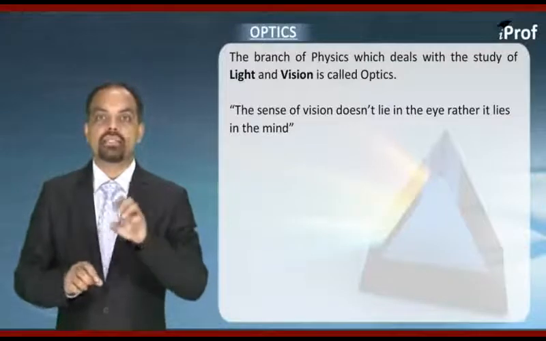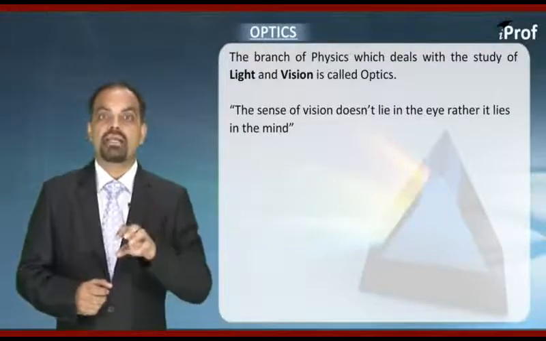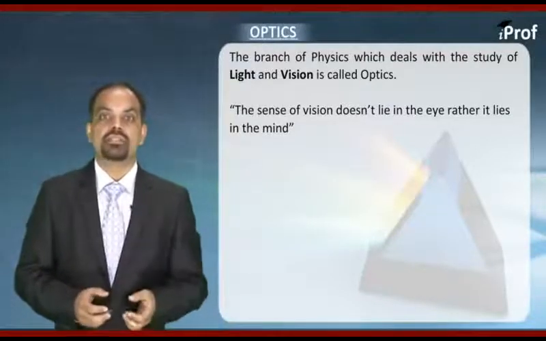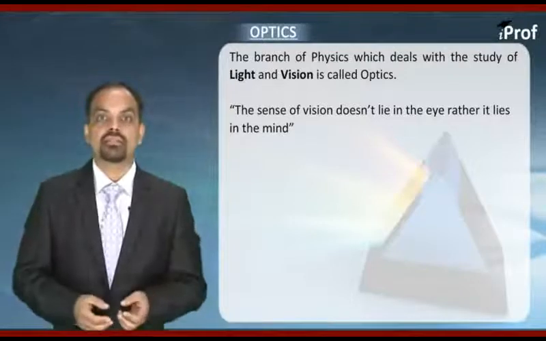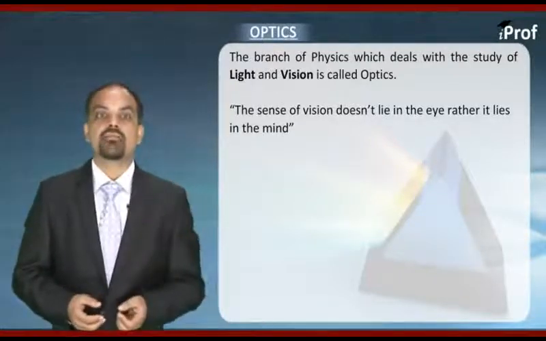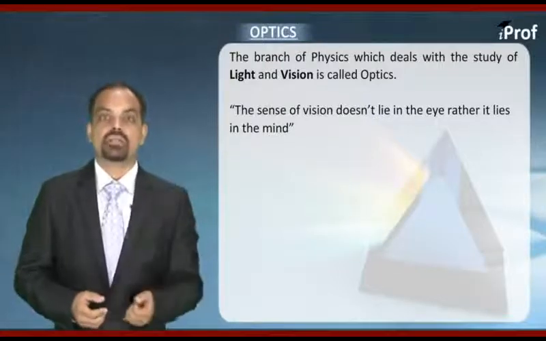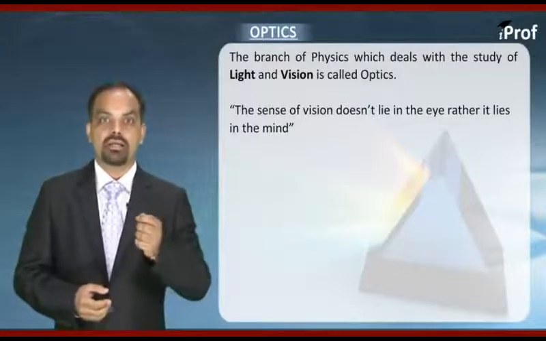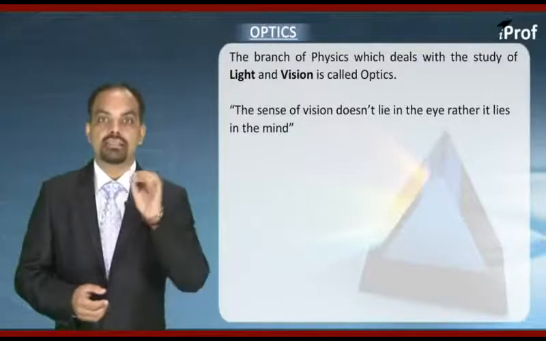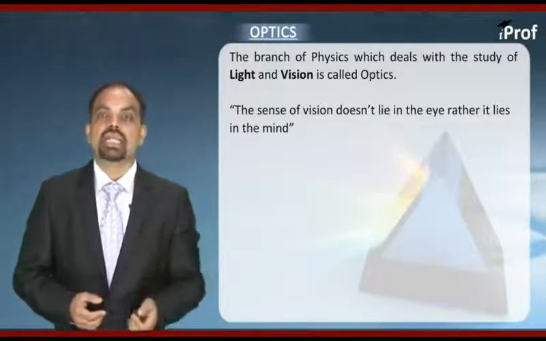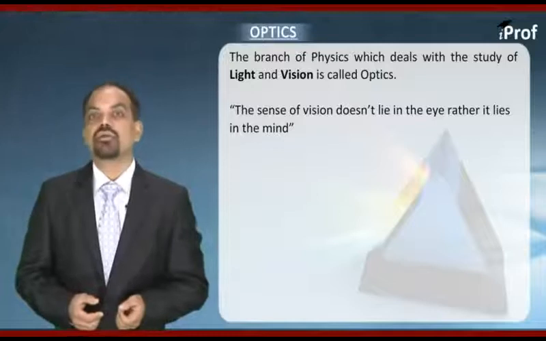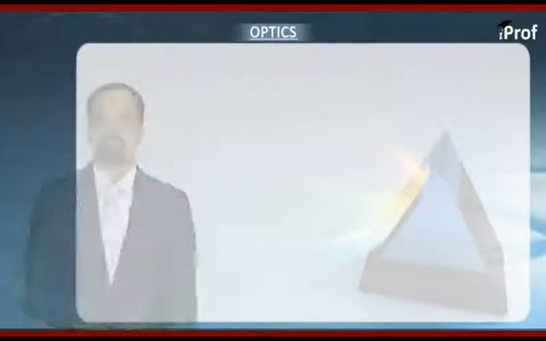So we can put it this way: our mind sees the entire universe and the object around us through this closed circuit camera called eye. So here we come to the conclusion, and let me put it again: the sense of vision lies in the mind, not in the eyes.